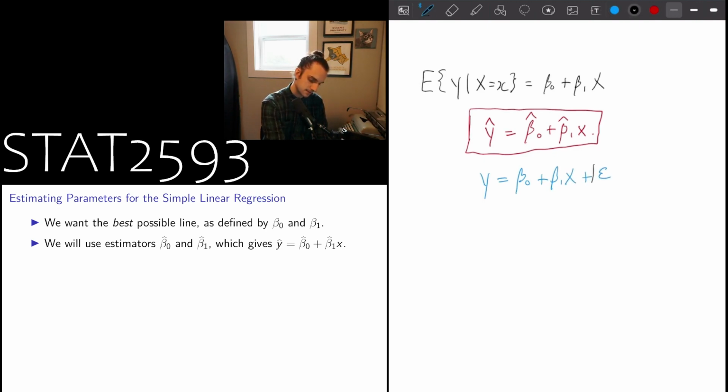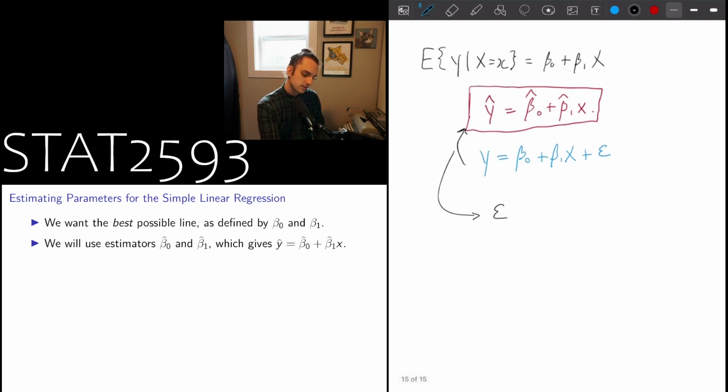Where this epsilon is our noise term. And so if you were to think about if we got our estimators exactly correct and we took y minus y hat, right? If we subtract this, then what we're going to end up with is just epsilon, right? Now, of course, beta 0 hat and beta 1 hat aren't going to exactly equal the quantity that we care about. And so instead, we can think about estimating epsilon using what we'll refer to as a residual.